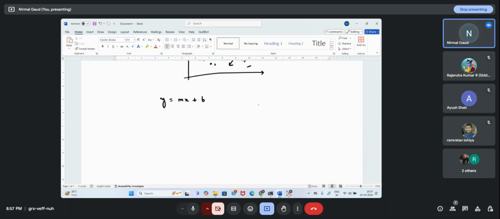Then what I can do is, can I bring y here? So it will be mx plus b minus y equal to 0. Okay, mx plus b minus y equal to 0. Then what else can I do here?